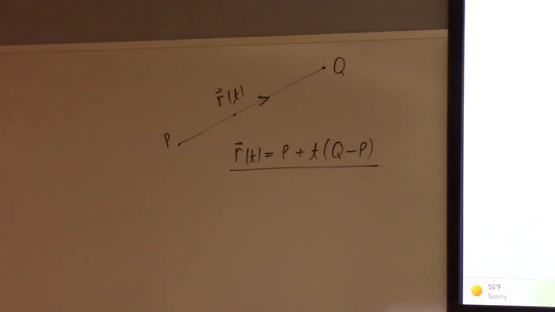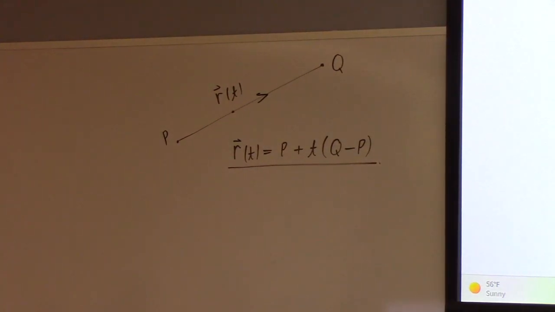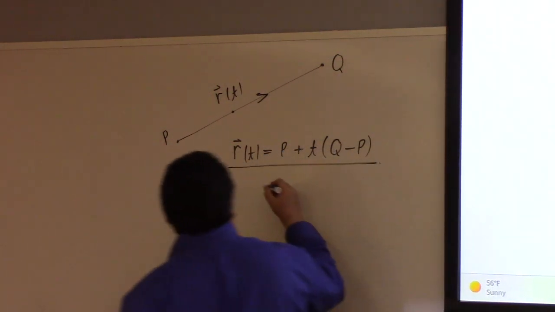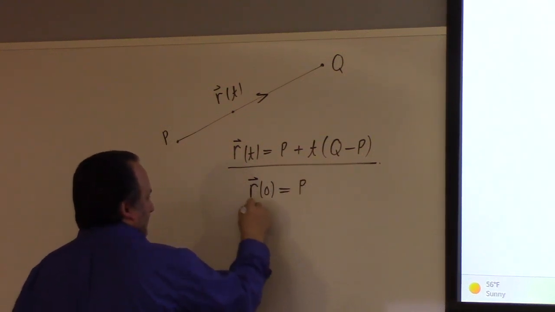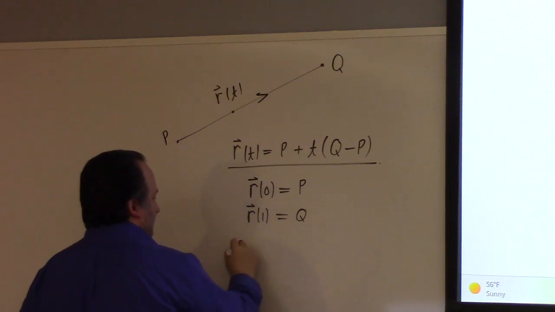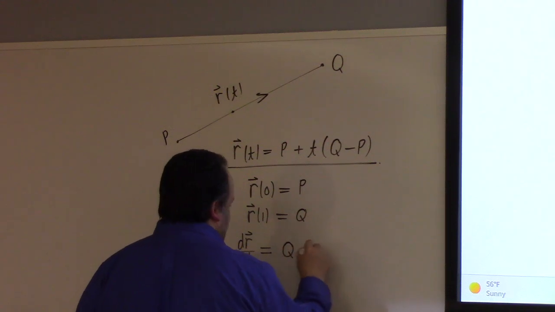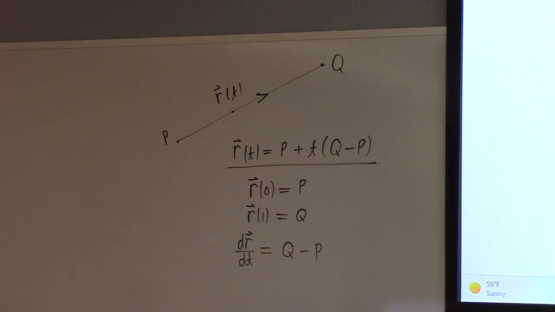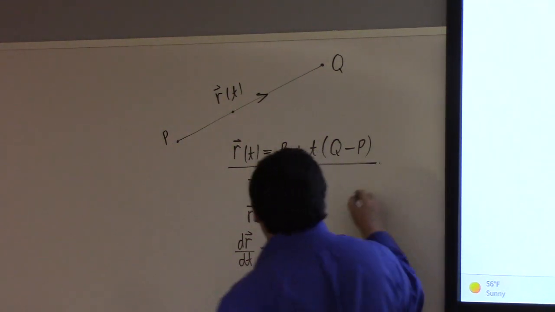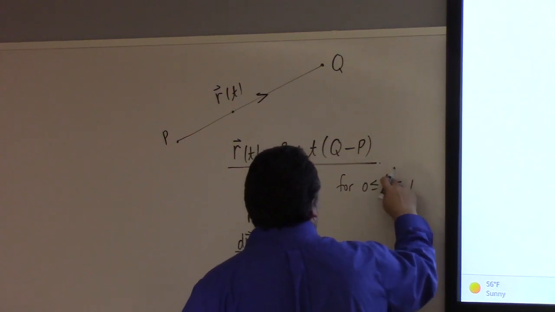If we put t equals 1, we get what? Q, right. And what's the velocity here? Kind of silly. The velocity is Q minus P, whatever that is. So this is a constant velocity path. It just goes from point P to point Q. And this, of course, is for 0 less than or equal to t, less than or equal to 1.